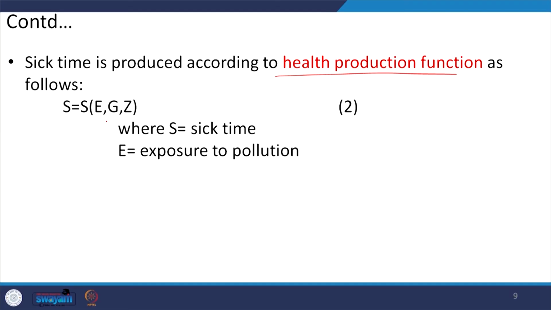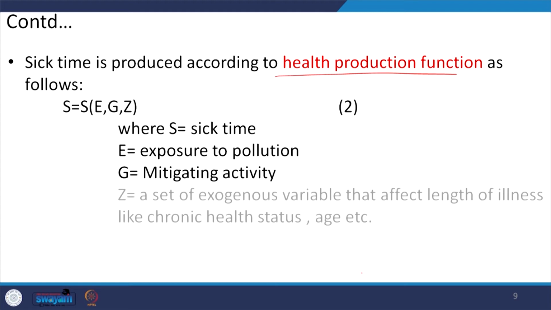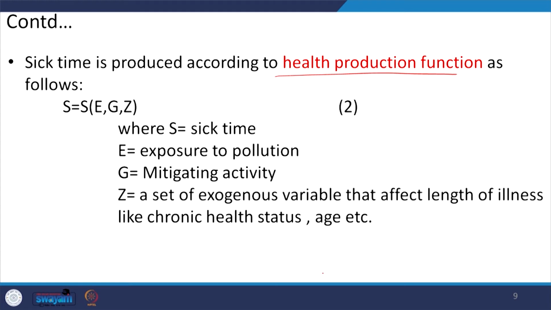That means your sick time is actually affected by your exposure E to pollution, and whether you are taking any mitigating activity G towards mitigating your sickness. And the third one is the other exogenous variables, like the age factor. You cannot actually control variables like your age or your chronic health status.